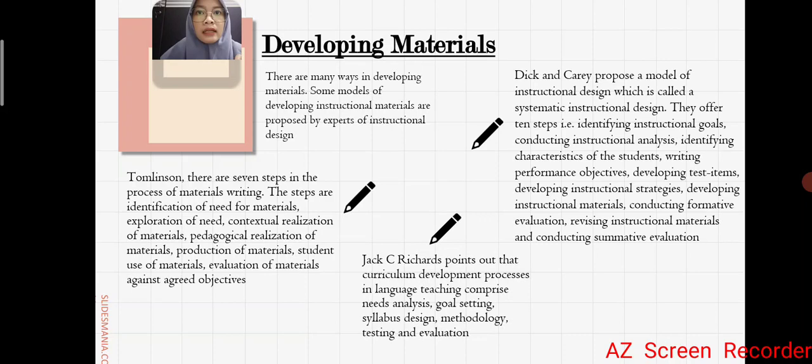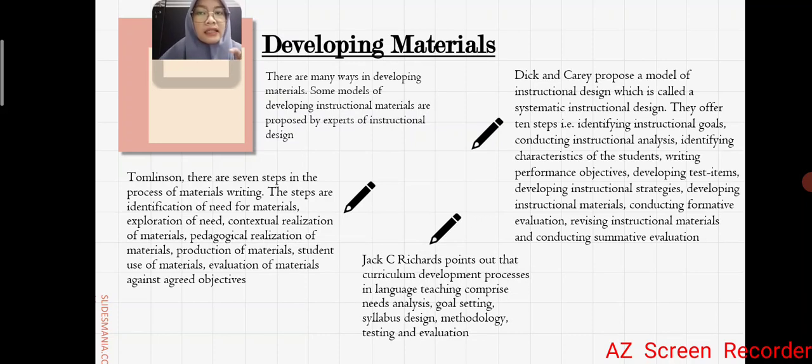The steps are identification of need for materials, exploitation of need, contextualization of materials, pedagogical realization of materials, production of materials, student use of materials, and evaluation of materials against agreed objectives.